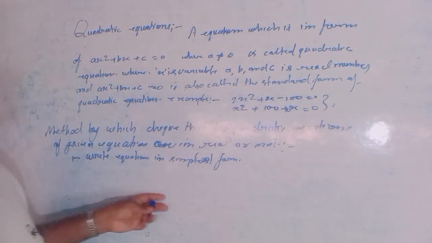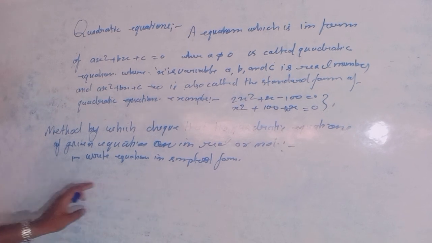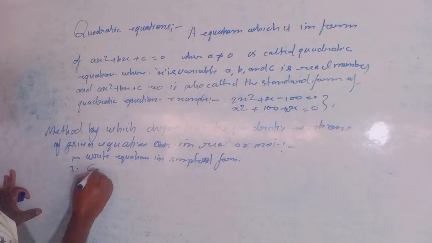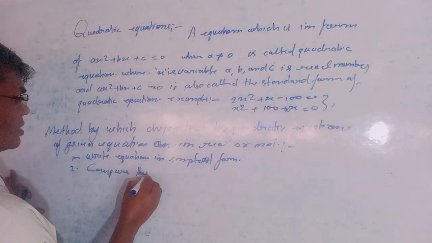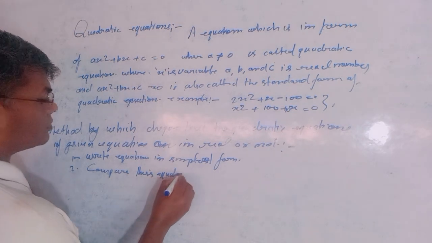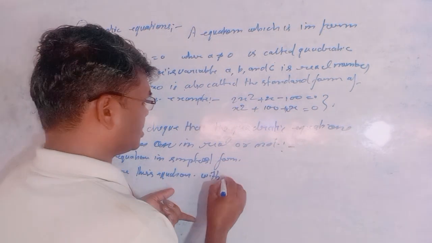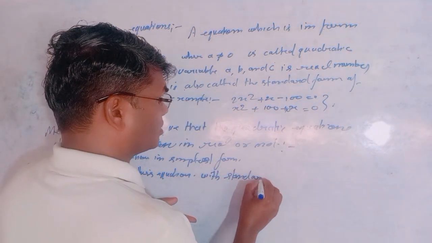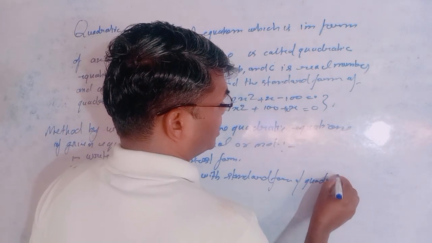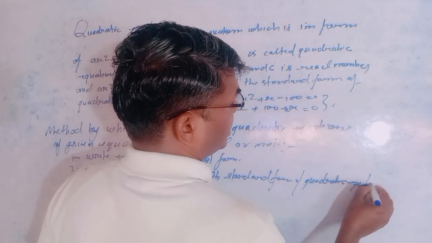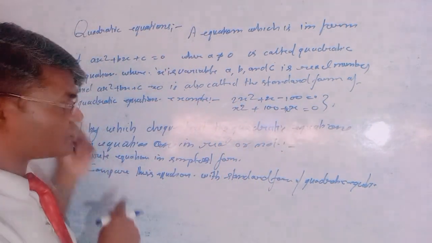First write the given equation in simplest form, and second, compare these equations with the standard form of quadratic equations. As we mentioned here, this is the standard form of quadratic equations.